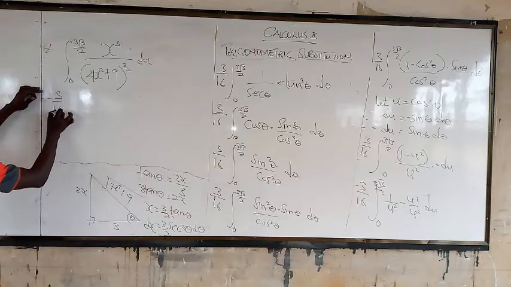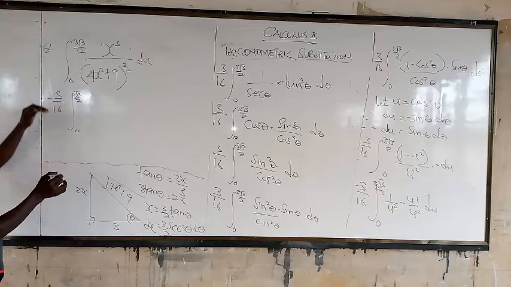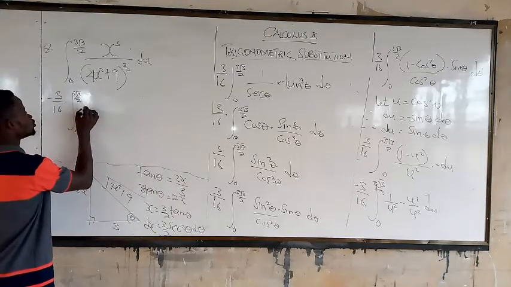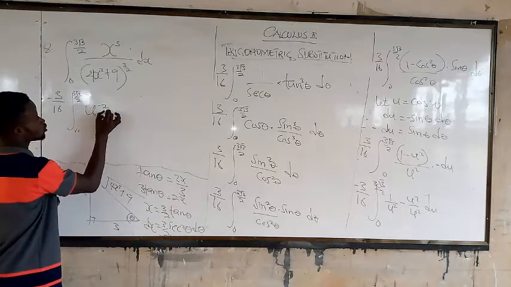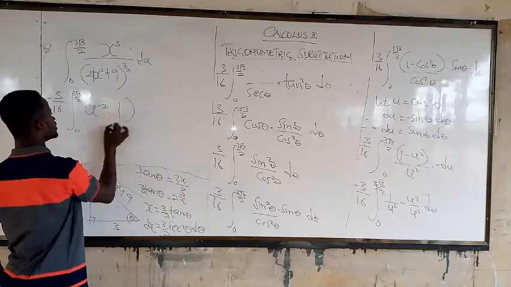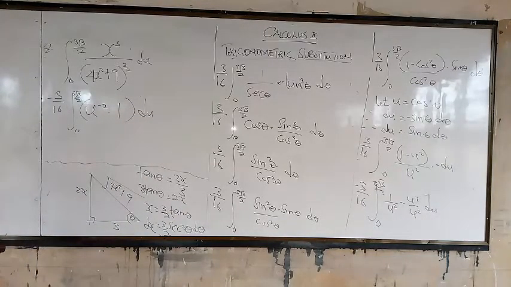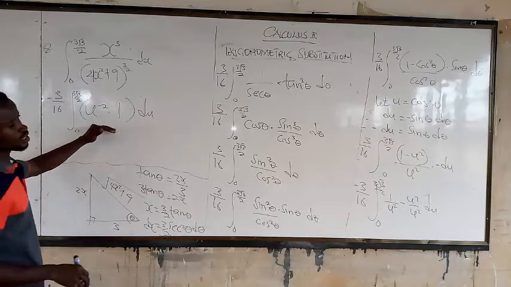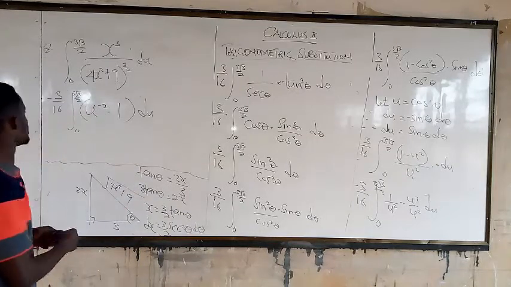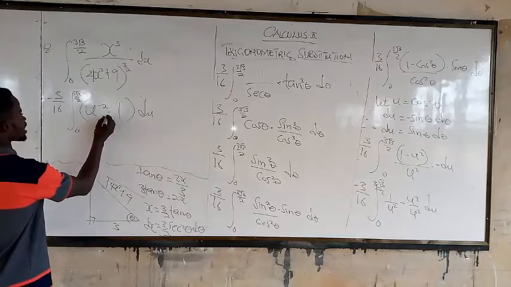Negative 3 over 16, square root of 3 over 3 over 2, 0. We get u raised to the power negative 2, minus 1, du. And right after here, I will tell you something. Now, I hope you can now integrate.